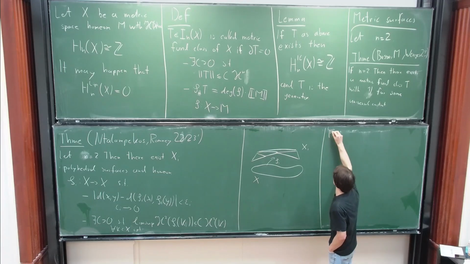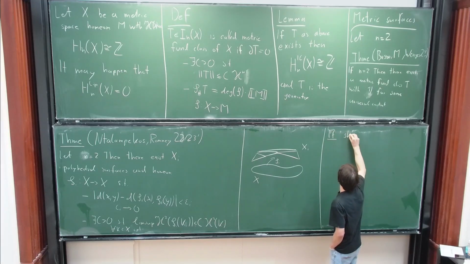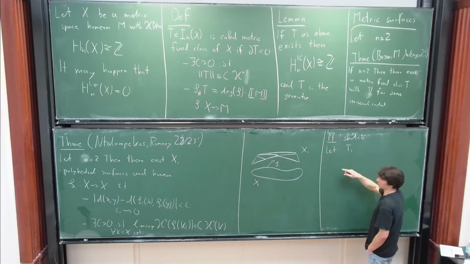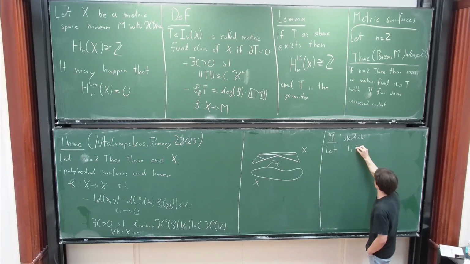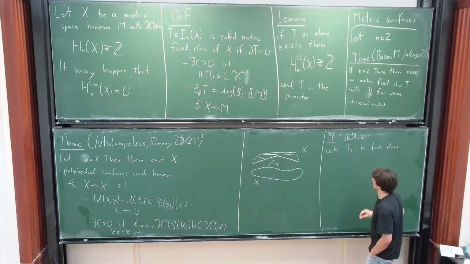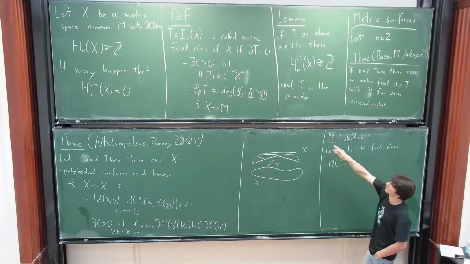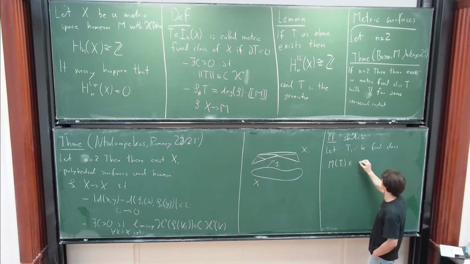So, sketch of the proof. Well, the idea is that each of the polyhedral surfaces has a metric fundamental class. Then if you look at the total mass, the area of these things, we have this bound for the mass measure for a universal constant.